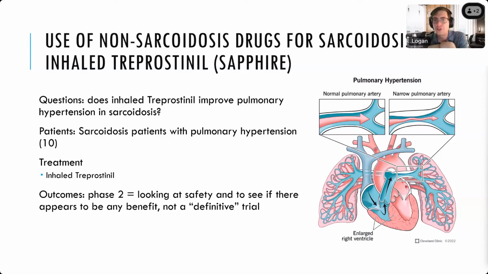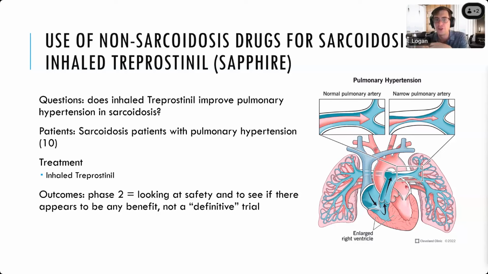trial. A phase 2 trial is when you're trying to show that a drug may have some efficacy, but you don't have enough patients in it to really show that the drug works for everyone. Clinical trials generally go through 3 phases, where phase 1 is just testing the drug to see if it is safe for healthy volunteers.